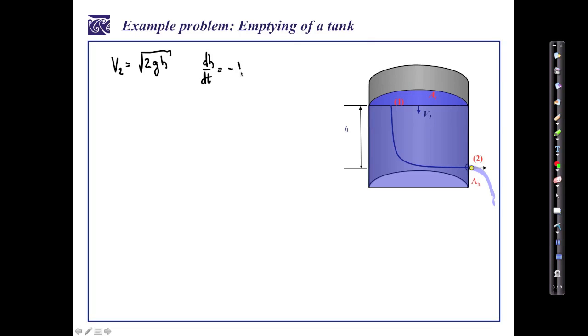Or we can say that's equal to minus, and by our conservation of mass, we have that as AE over AT times V2. Or that's equal to minus AE over AT times the square root of 2gh.